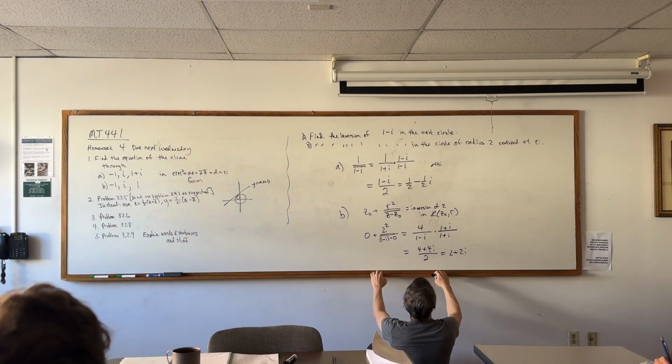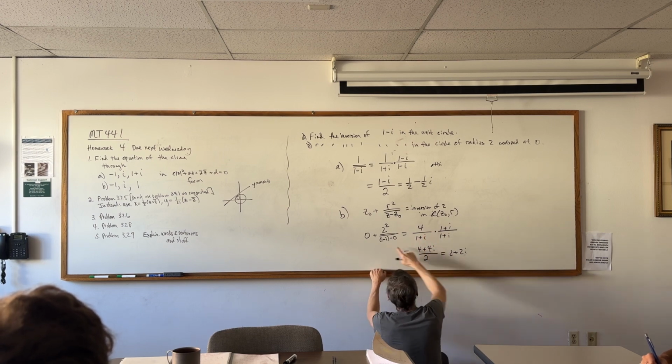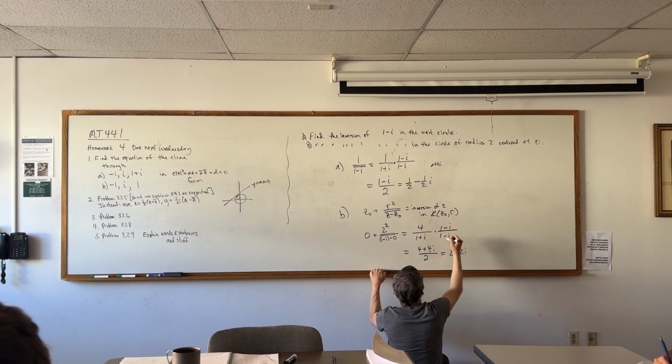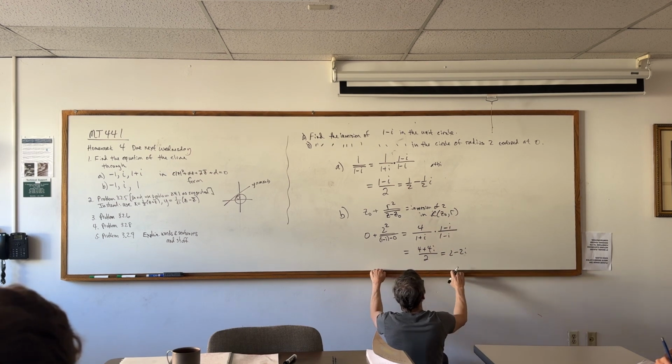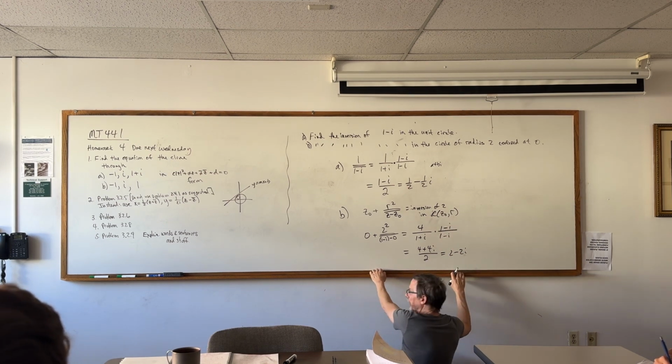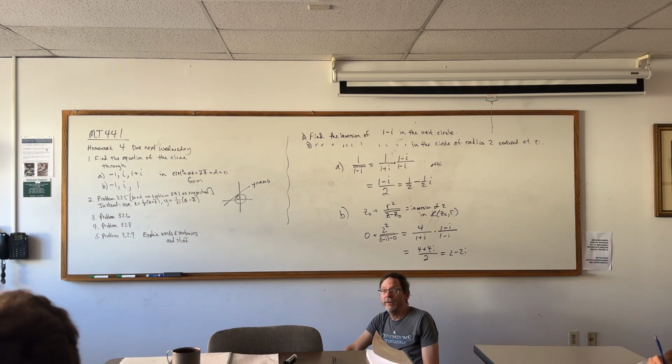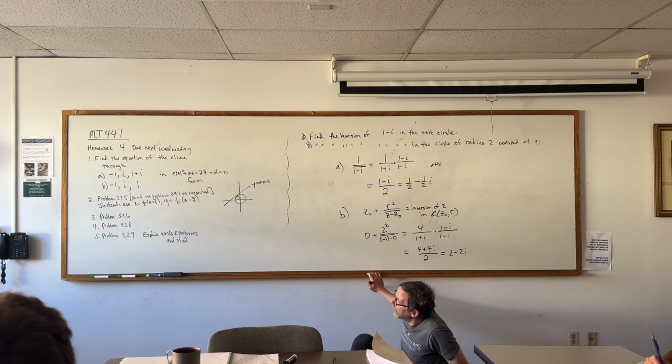Whoa. I think it's 1 plus. Yes, I forgot to take my conjugate down here. Thank you. It should just be a multiple of that. Yes, awesome. Any questions on doing these? Feel okay about this? Very good.